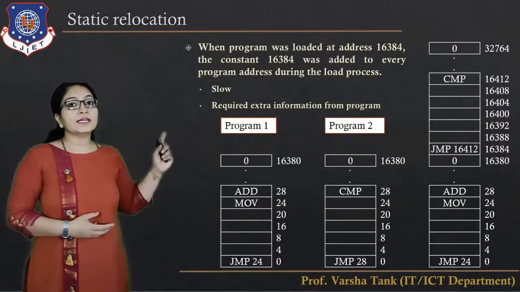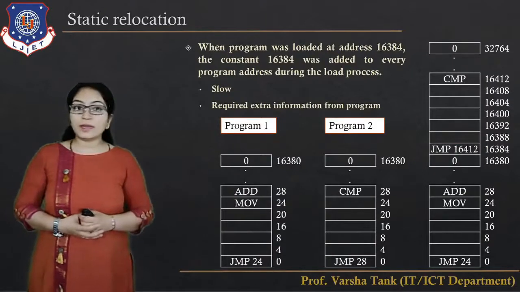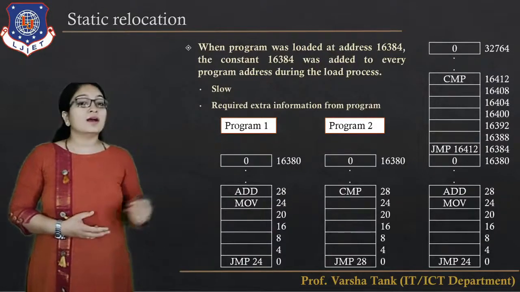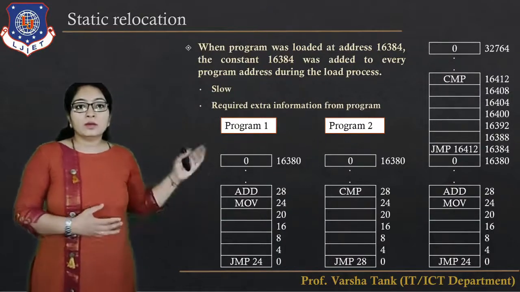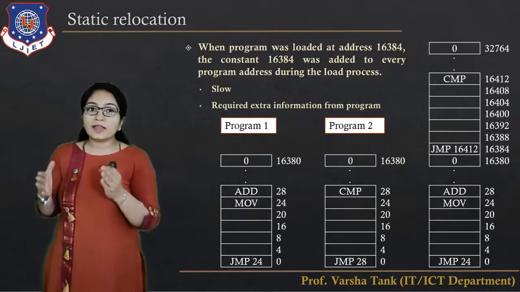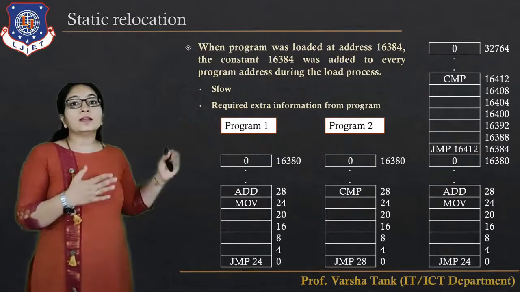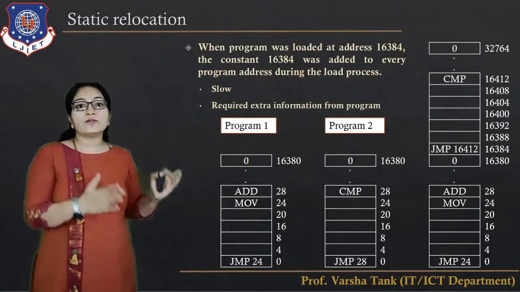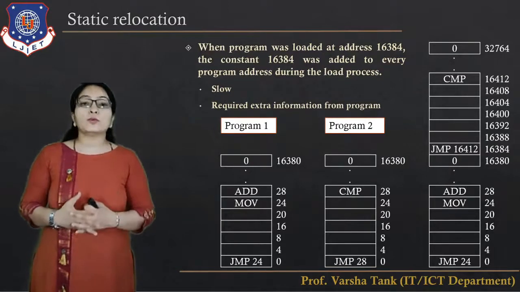Now let's see static relocation. Here you can see we have changed the address for the jump 28 to jump 16412. When the program was loaded at address 16,384, the constant 16384 was added to every program address during the load process.